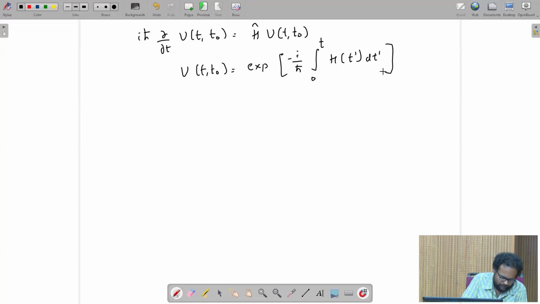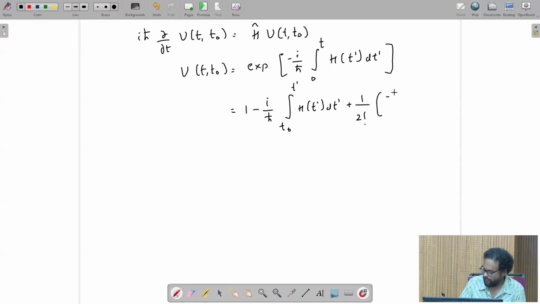If this is really true, one may be tempted to expand that exponential. We know we can expand that exponential. And if I just expand this exponential, you will see this will be, and so on and so forth.